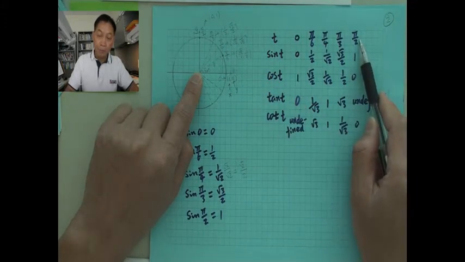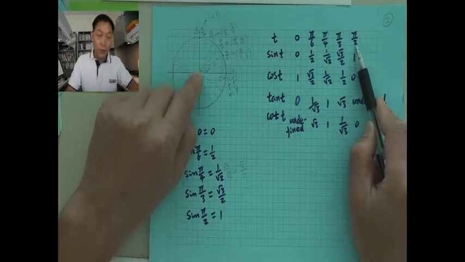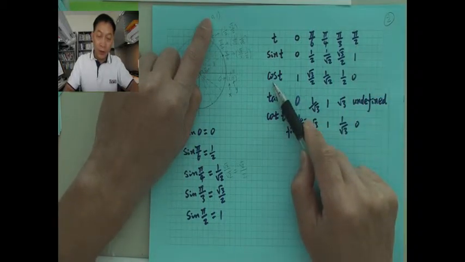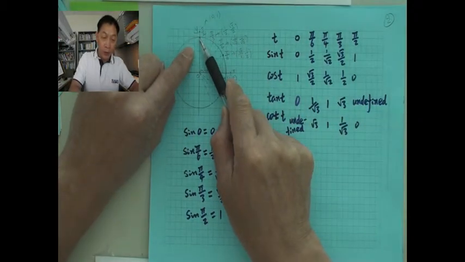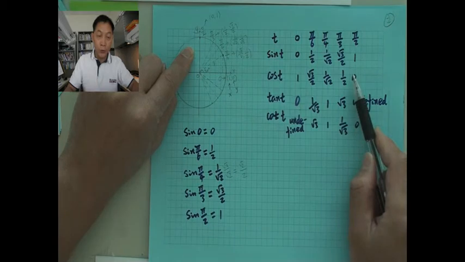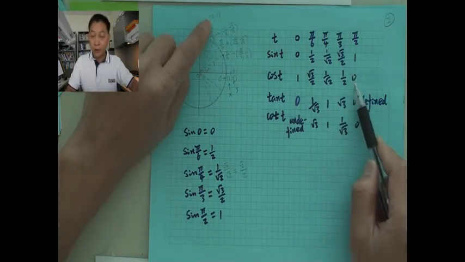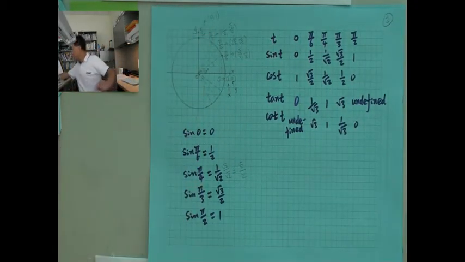Okay? It's because here x coordinate is 1/2. Now, right here, we have cosine pi over 2. You look at x. Cosine t choose pi over 2. That's this angle. Pi over 2 is here. So you choose x 0. Okay.